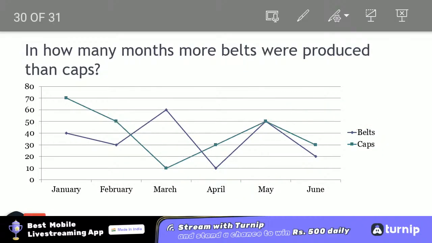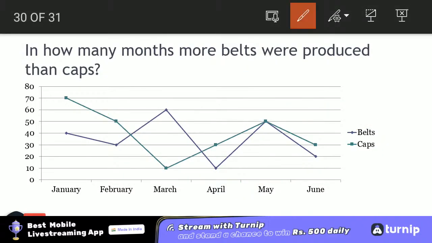The next and the last question for today's session, in how many months were more belts produced than caps? Now you need to observe it carefully. The answer is all up to you. See different months, observe them and tell how many months there are in which more belts are produced than caps. Hurry up.